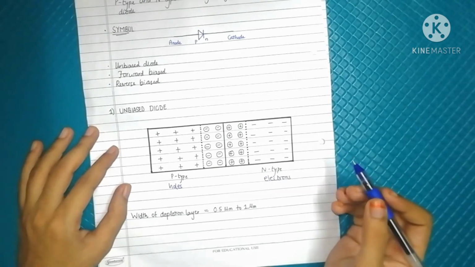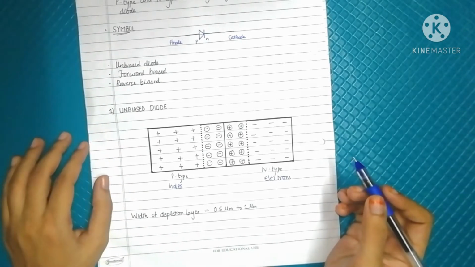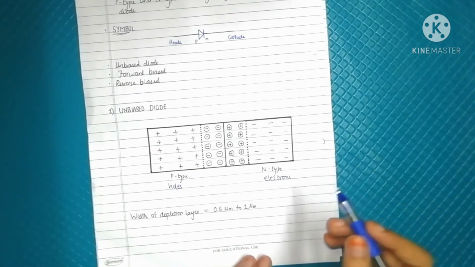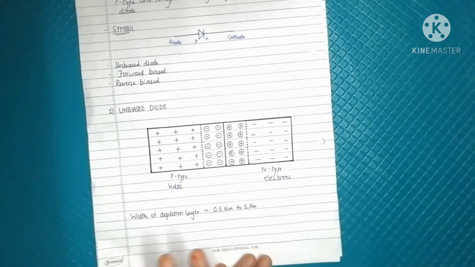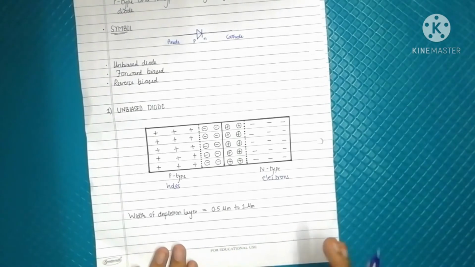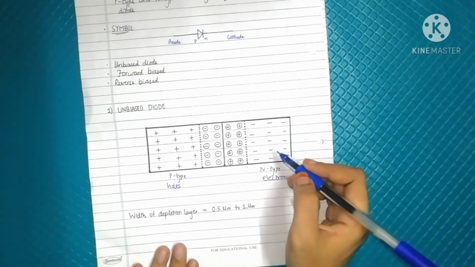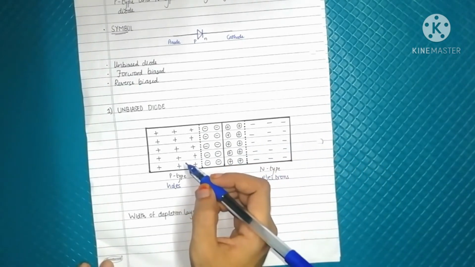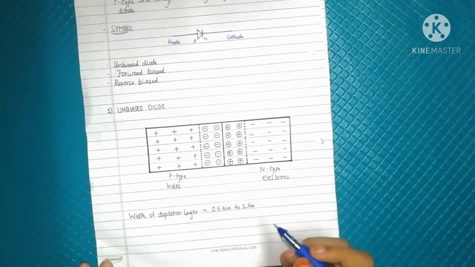Now what will happen? In case of unbiased condition, we are not applying any external voltage to the diode and thus it is called as unbiased. It is not forward biased, neither reverse biased, it is unbiased. In this case, whenever an electron from the N type will try to diffuse towards the P type region, then two ions will be created.